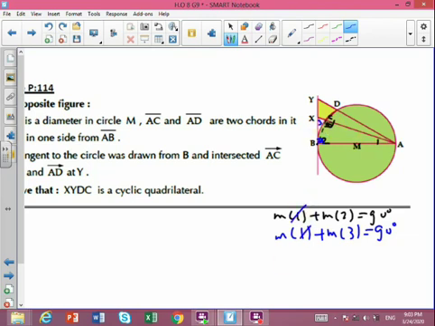So which angle is equal to which one? Now angle 2, I will write it alone here. Angle 2, which is this one, angle CBA, is equal to angle AXB.